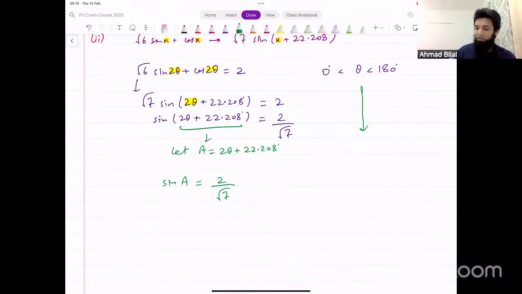Let's adjust the interval as well. If theta is 0, what's the value of a that we get? 22.208. If theta is 180, what do we get? 360 plus 22, that is 382.208. That's the interval that we've got for a.